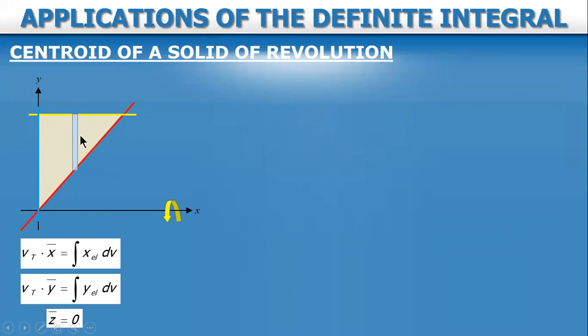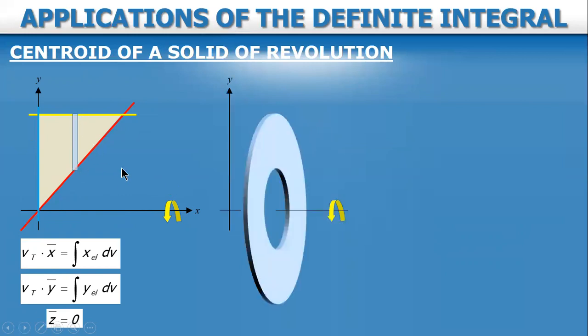If you analyze a vertical strip, you will have this one. Now, for this one, x sub EL is the x coordinate of the centroid of the element. This time, since it is a solid, the element is no longer a rectangle, but a circular ring.